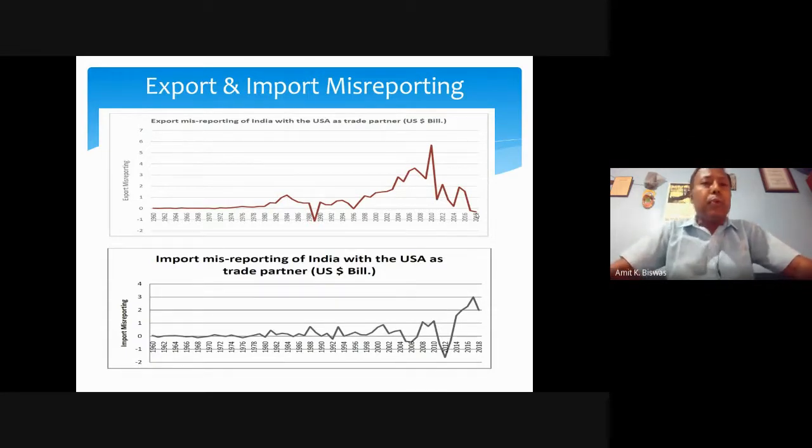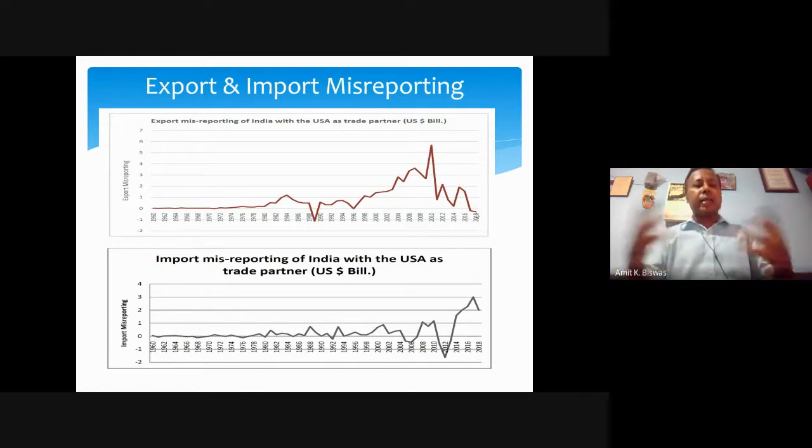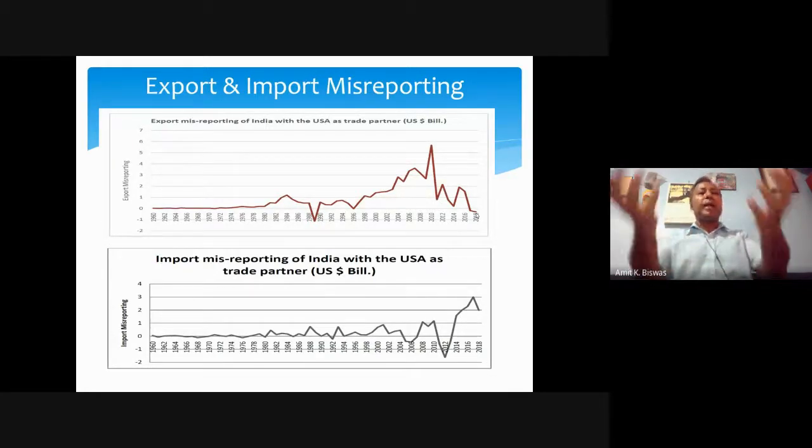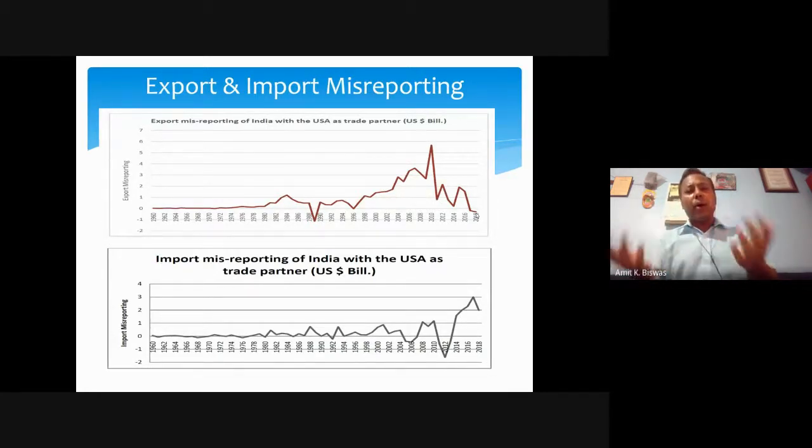What about imports? The same story goes. Continuing with your example, if 10 of you are exporters and 10 of you are importers, so 10 of you who are not exporters are importing goods from the US.